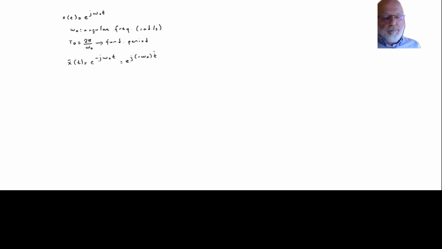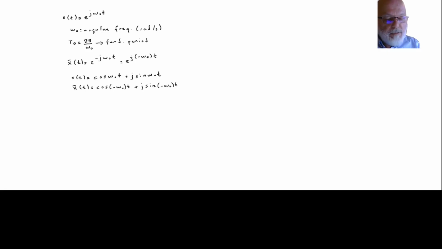First of all, let us compare x of t and x bar of t. x of t is cosine omega 0 t plus j sine omega 0 t, and x bar of t is cosine minus omega 0 t plus j sine minus omega 0 t.